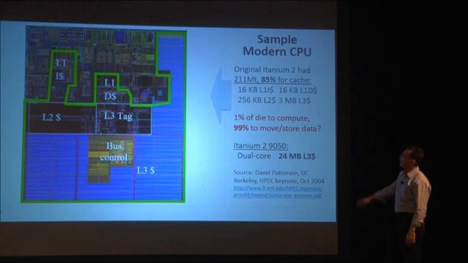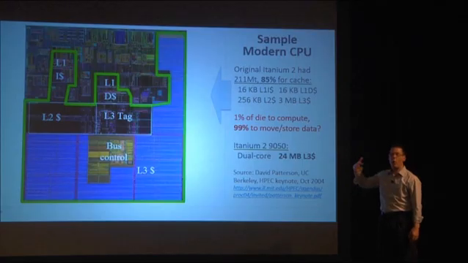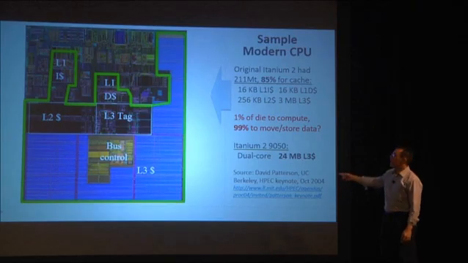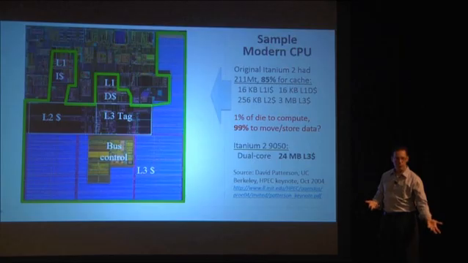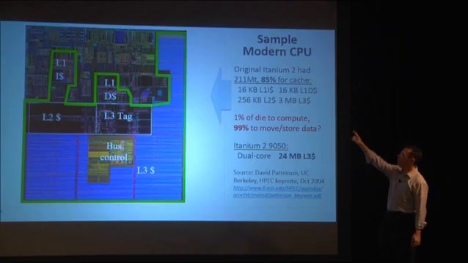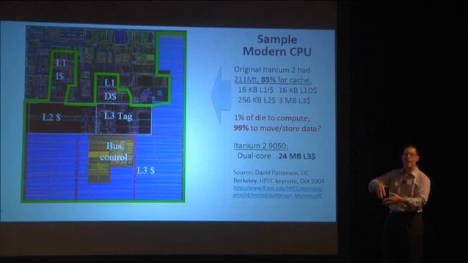In fact, if you look at a sample modern processor, some of you may have seen this slide before, what's in the green lines is all the transistors that do only caching. If you think that means only 15% of the transistors on your chip actually calculate anything, that's way too high, because in the non-outlined part you're also doing other kinds of memory hiding, like pipelining, out-of-order execution, speculation, all those things.